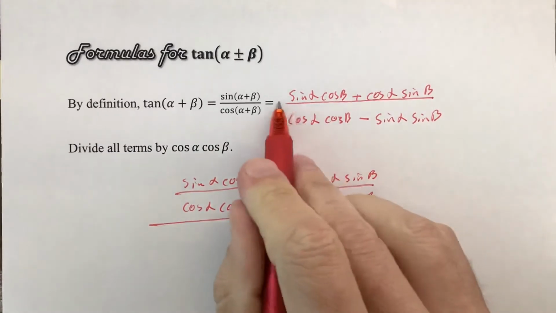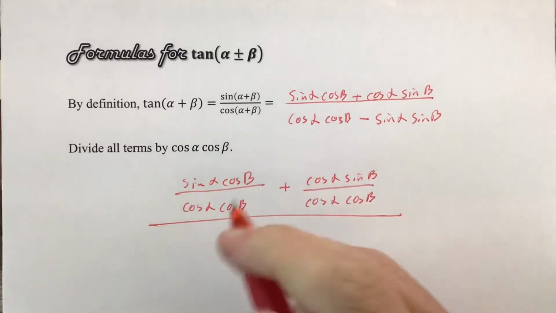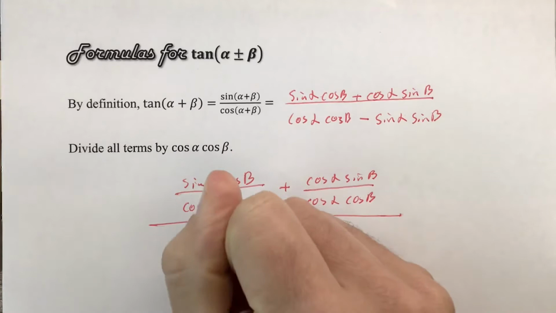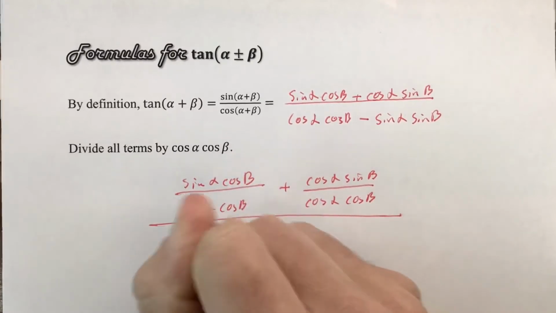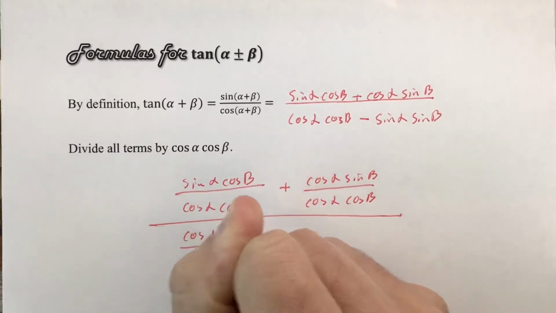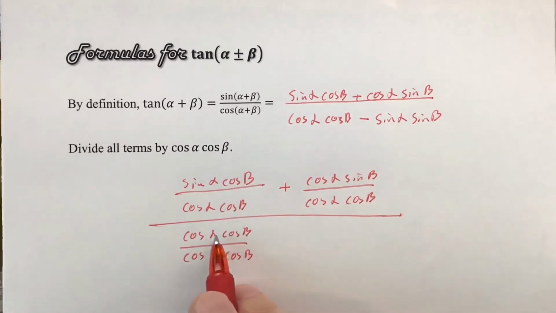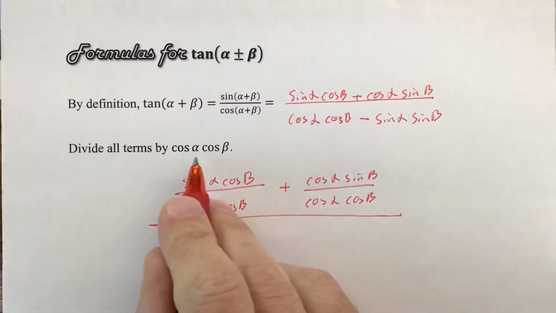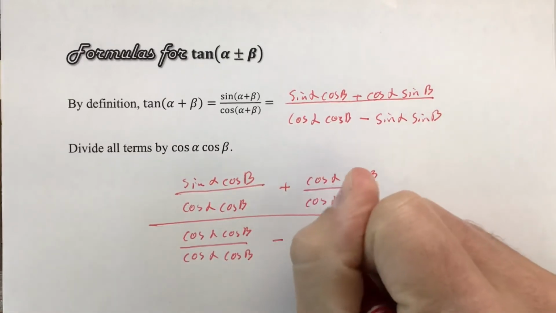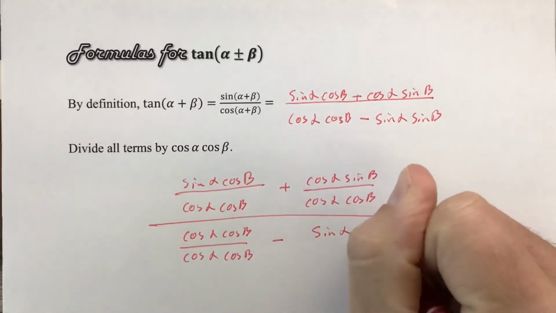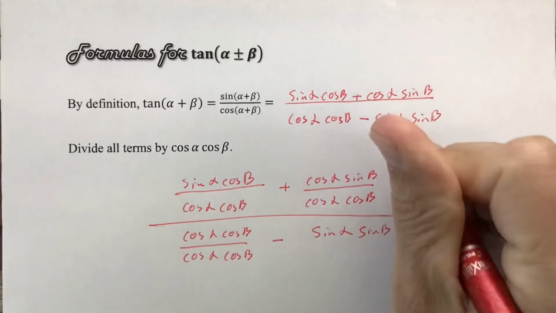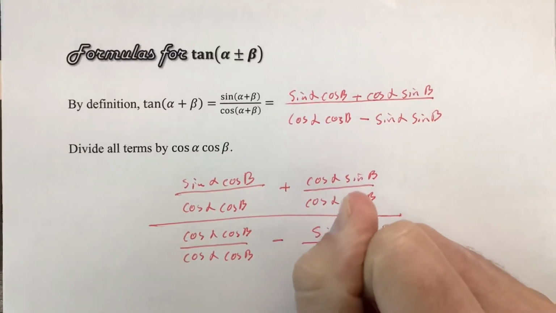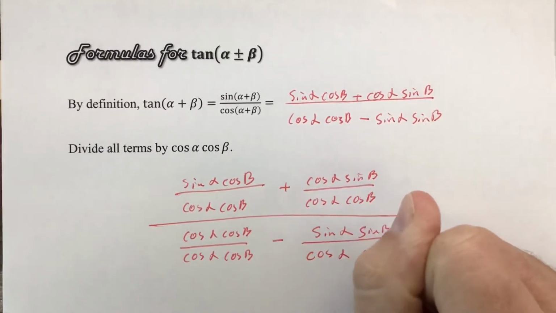We then have our big fraction bar, so this is just the top. Cosine alpha, cosine beta, divided by cosine alpha, cosine beta. So that is taken from here. The denominator again is taken from there. Subtract the sine of alpha times the sine of beta divided by the cosine of alpha, cosine of beta.